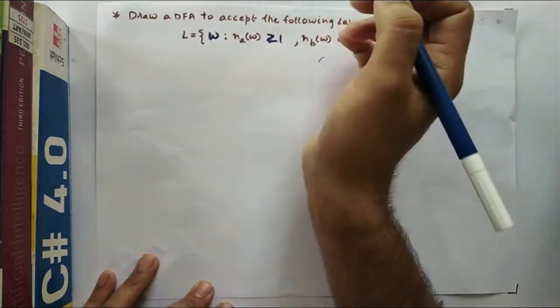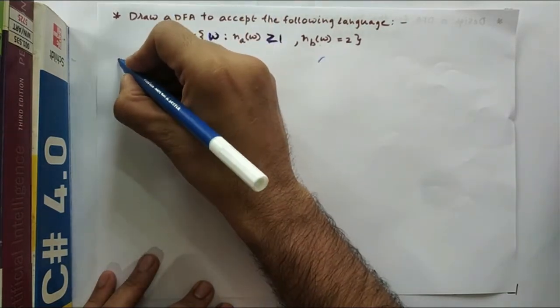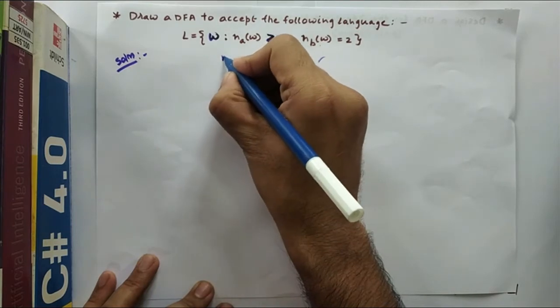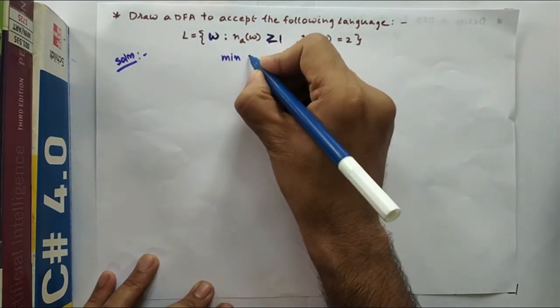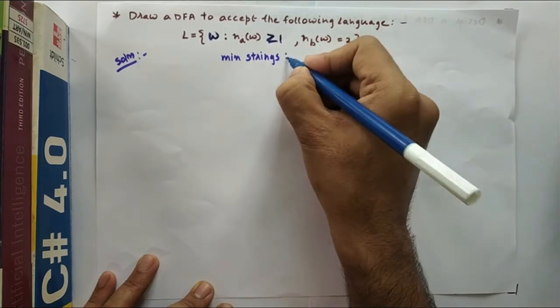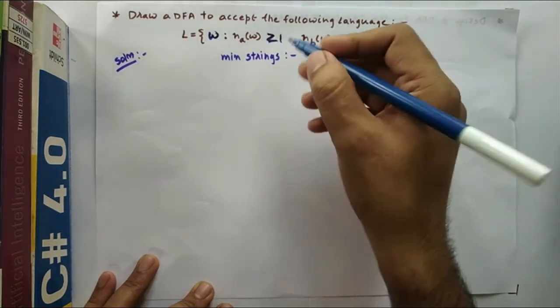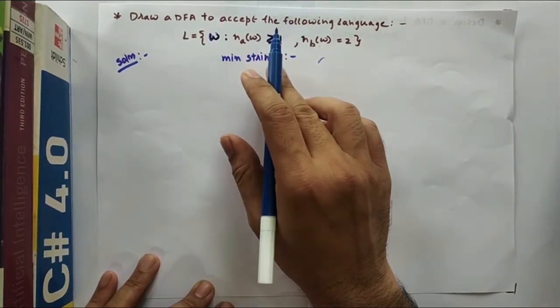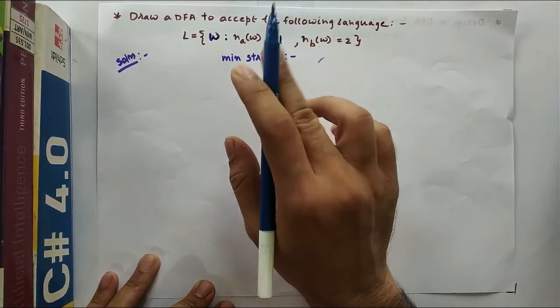So when you have this kind of problems, the first thing again, what is the minimum possible string? So what will be the minimum strings? Exactly 2 B's should be there and at least 1 A should be there.